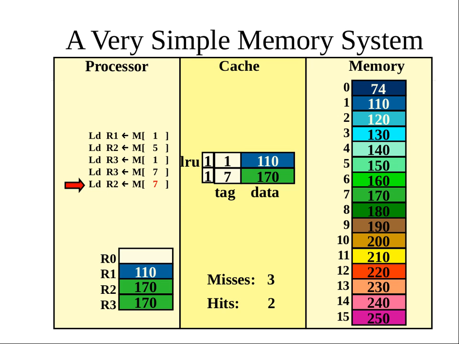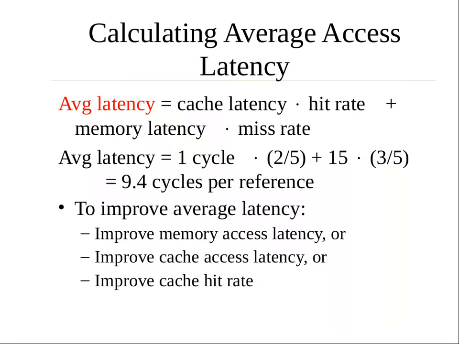Great. Okay. So average latency is, let's see, cache latency times hit rate plus memory latency times hit rate. Why are we, yeah, times hit rate and the memory latency, that's correct. So 1 cycle plus 15, that's right, 9.4 cycles.